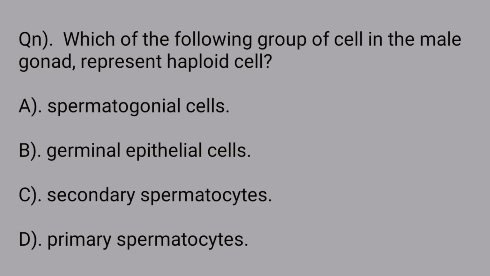Okay, next question. Which of the following group of cells in the male gonad represent haploid cells? Option A spermatogonial cell, option B germinal epithelial cell, option C secondary spermatocytes, option D primary spermatocytes.